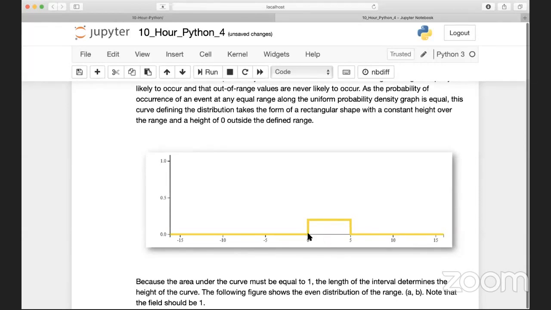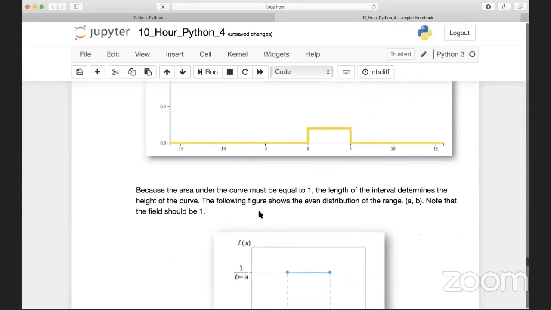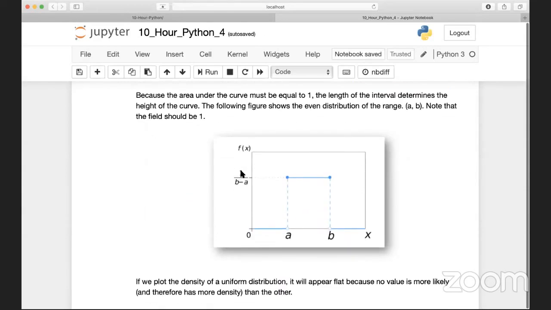So here, if you are working with 0 and 5, we have 0.2 probability for 1, 2, 3, 4, 5. Okay, equally weighted. So that's why the probability density of the uniform distribution is really easy, and it is this formula: 1 over b minus a.